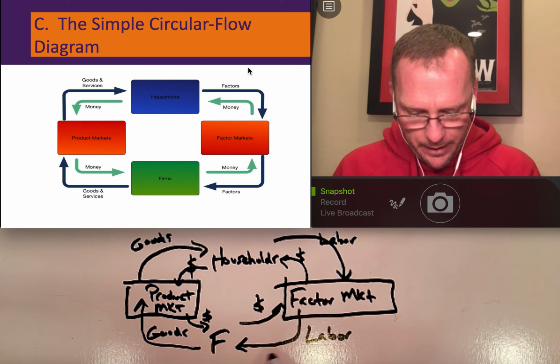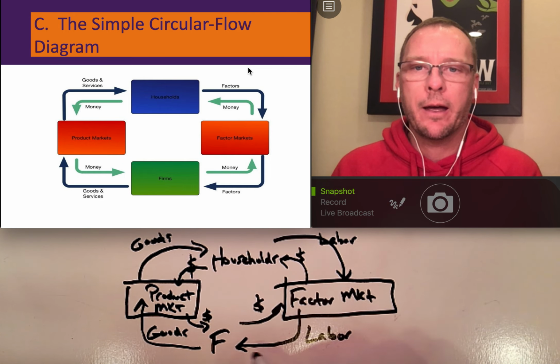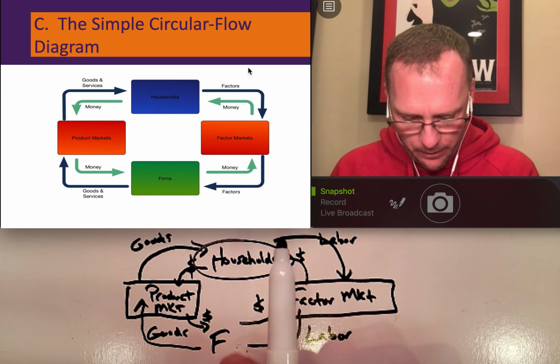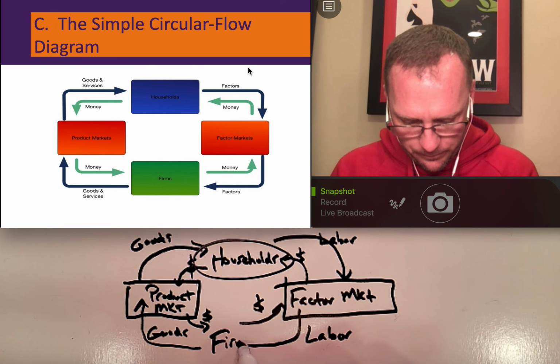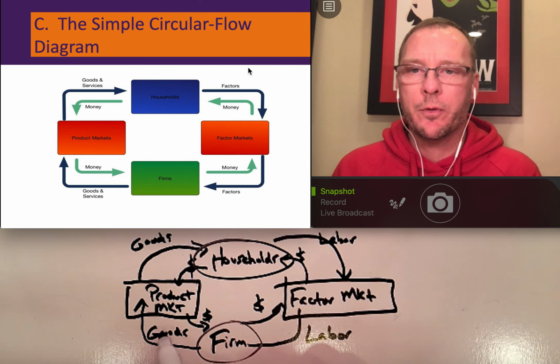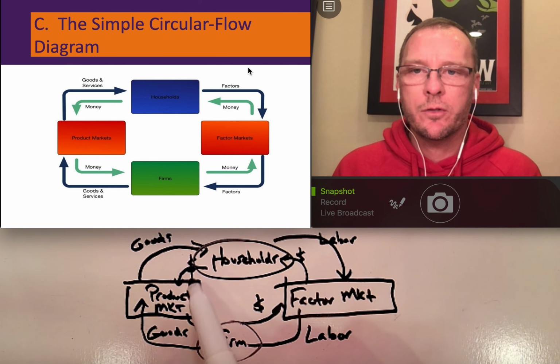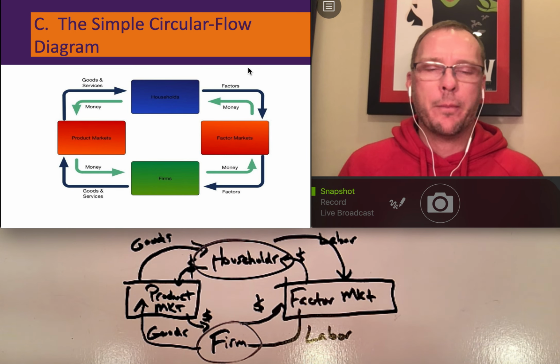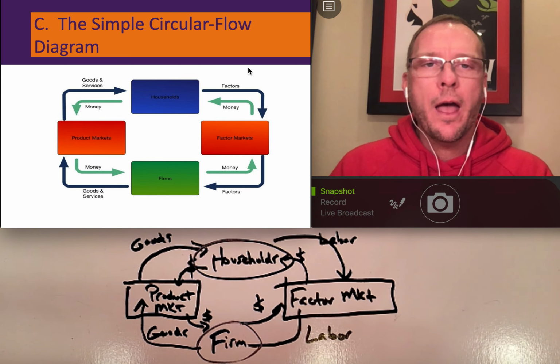So you can see the labor is going on the outside, and the money's going on the inside to the household, right? And down here, this is my firm. You can see that the firm is using the labor to produce goods and services that the household is then using money to buy. So all this circular flow is happening. Every dollar is accounted for as we go through.